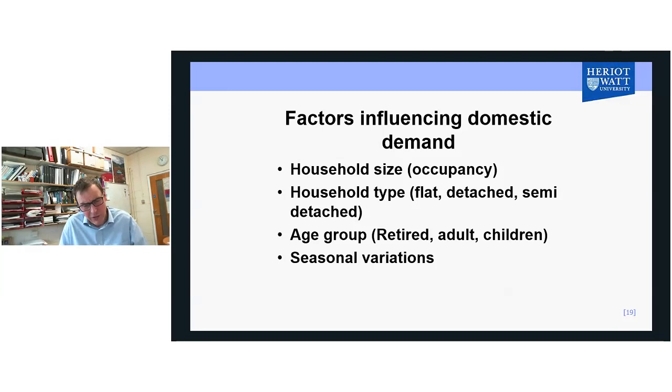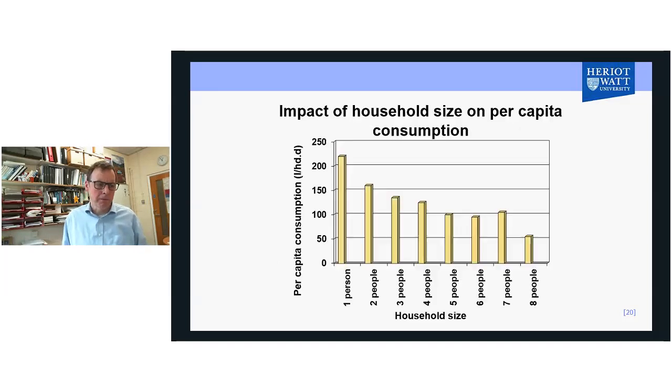Certainly in the UK, you're much more likely to water your garden over the summertime than you are in the wintertime. And I think I talked earlier in the course, probably class 2, about how in the UK or in warmer countries we tend to wash more over the summer. So that was water that has to be supplied.